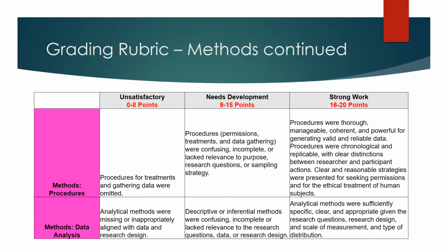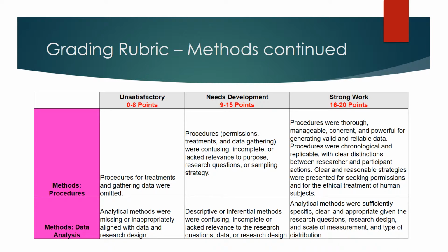So essentially your procedures were chronological and replicable, so meaning it was clear enough that I could follow your steps and do it again, with clear distinctions between researcher and participant actions. So what would you do and what would you have the participants do? Clear and reasonable strategies were presented for seeking permissions and for the ethical treatment of human subjects.